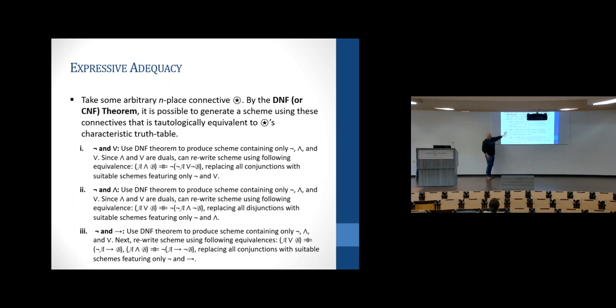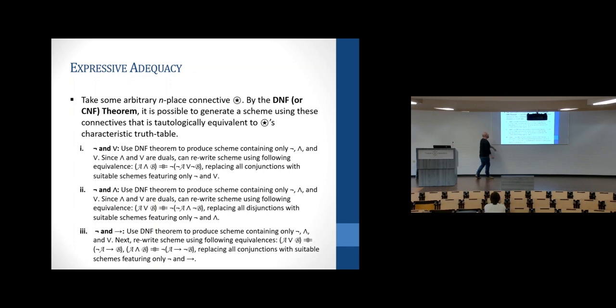The one for negation and conjunction is the exact same. It's cool, we use DNF to produce this sentence featuring only negation, disjunction, conjunction, and then we get rid of all the disjunctions using duality. So that's pretty easy. We could have literally done all of our TFL stuff using just negation and conjunction, or just negation and disjunction.